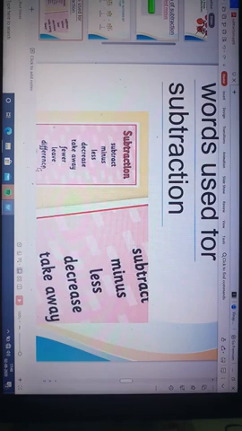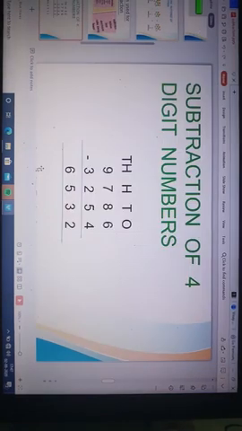All these words are used in the word problems of subtraction. Is it clear, beta?